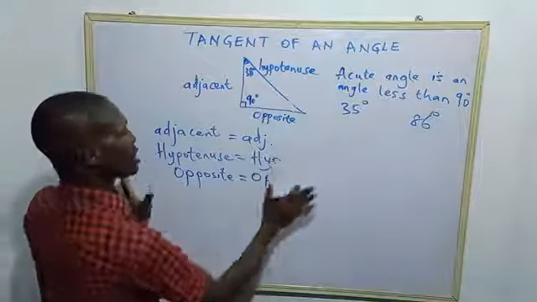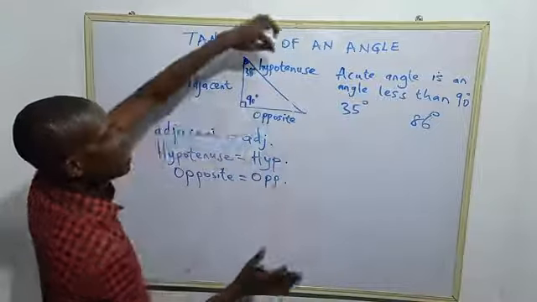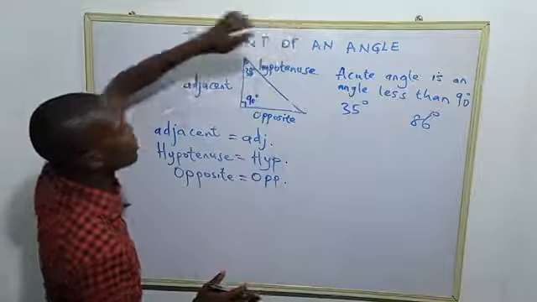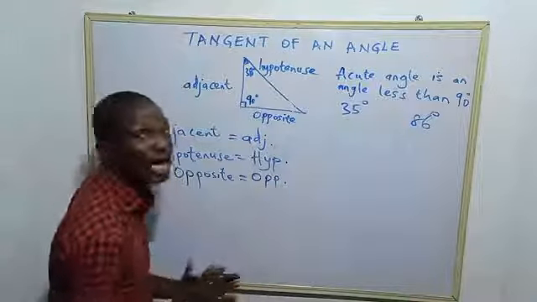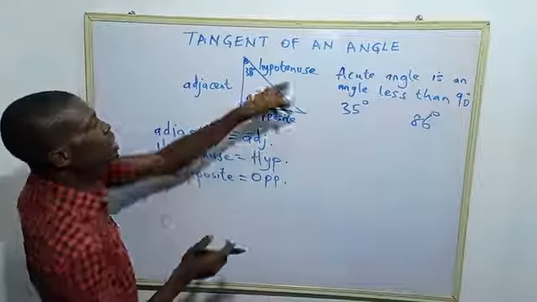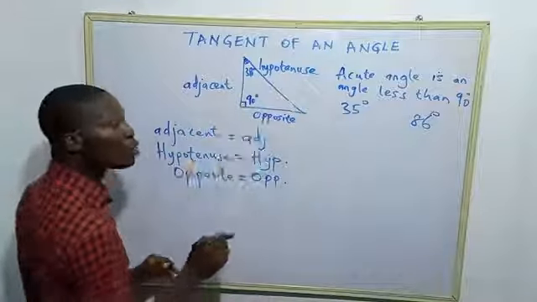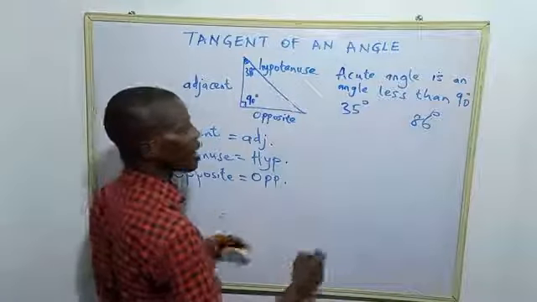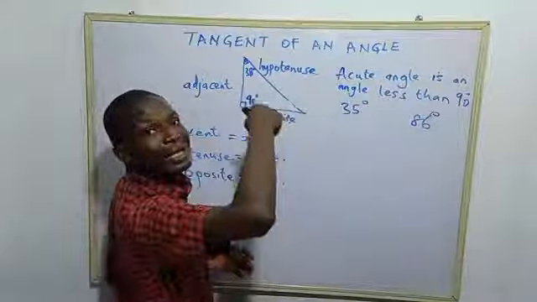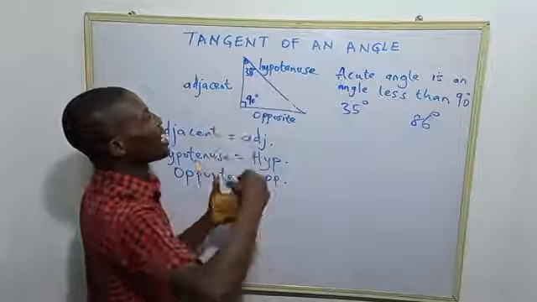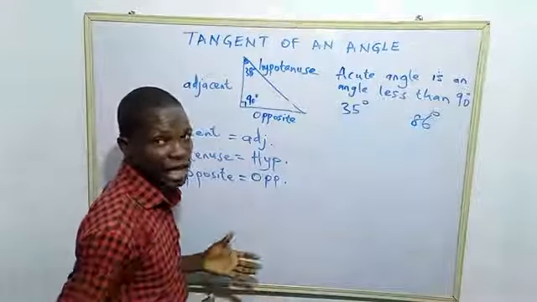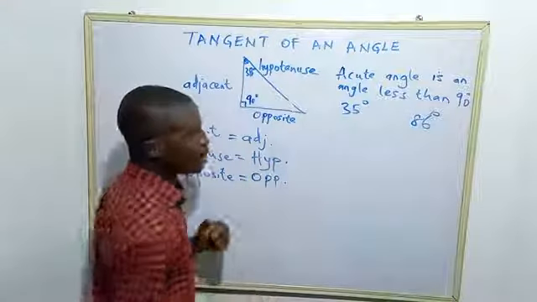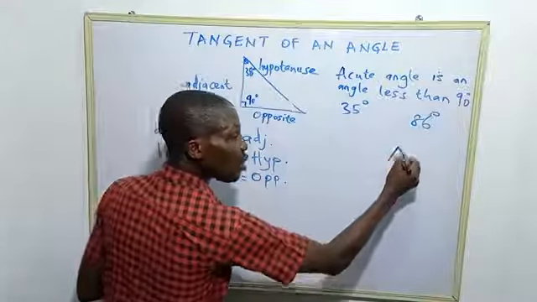So with that now, you are familiar with hypotenuse, adjacent, and opposite in a right angle triangle. Don't say because you label it in this triangle, you can do so in all triangles. No, not all triangles. We have different types of triangles. We have scalene, in which the three sides are never equal.